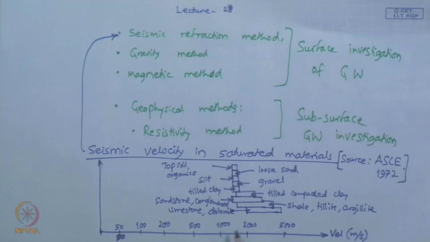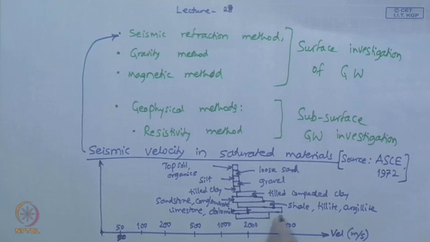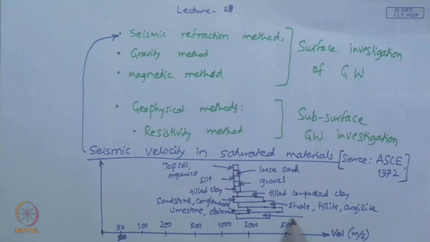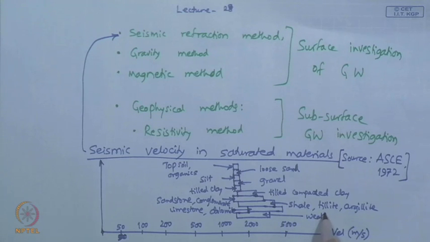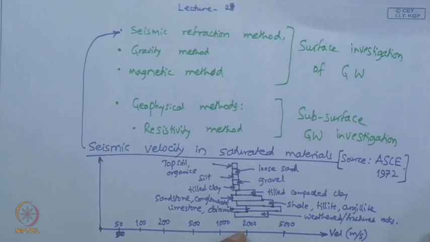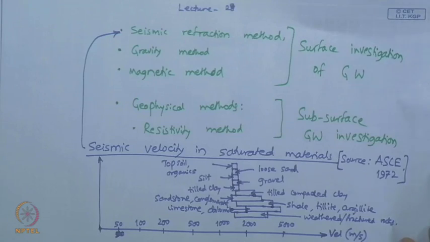And next is weathered or fractured rocks. In this case the lower range as well as higher range will be much less than limestone and dolomite.